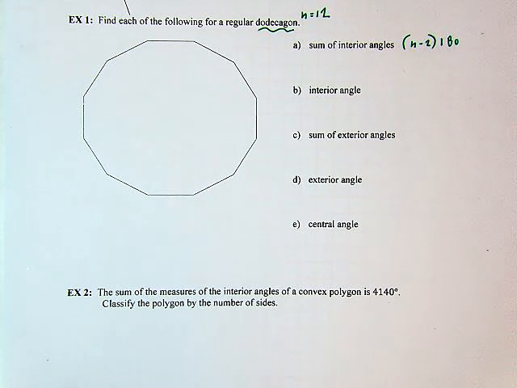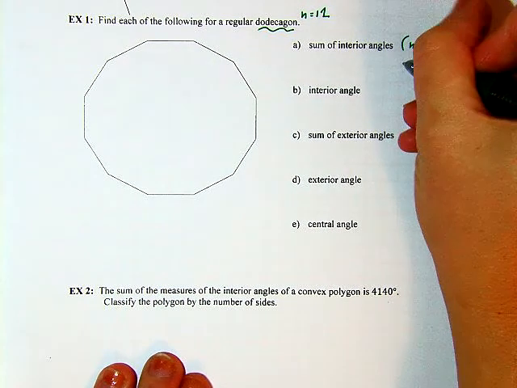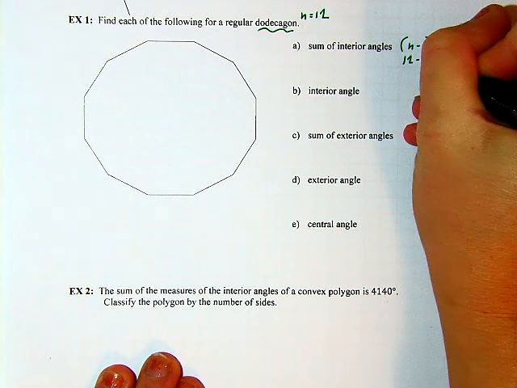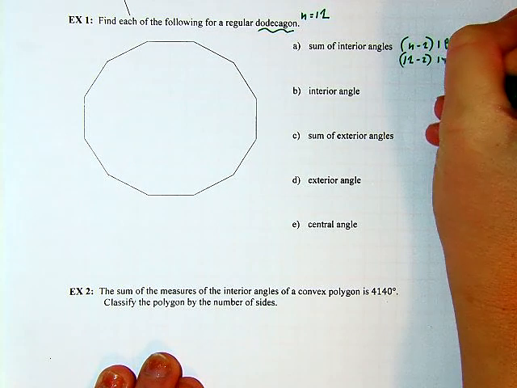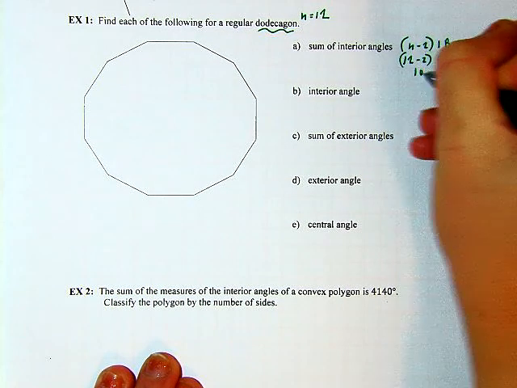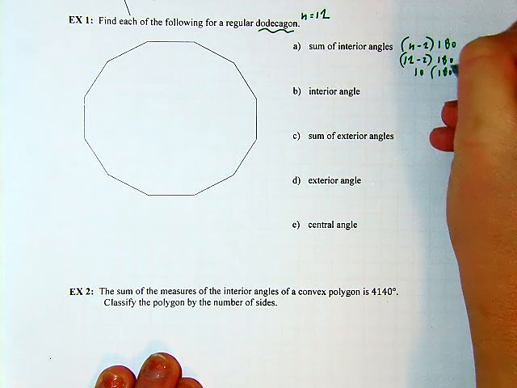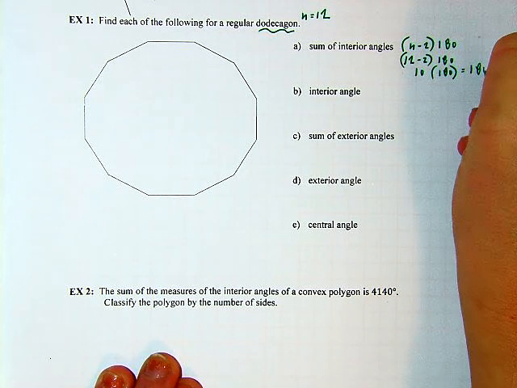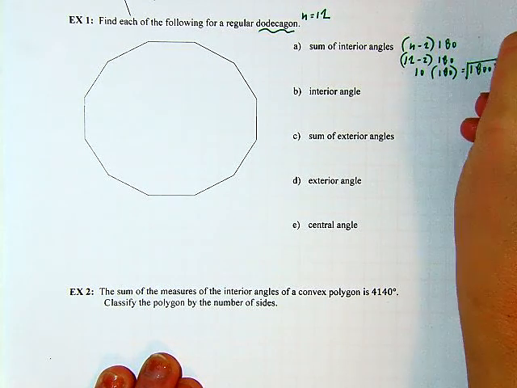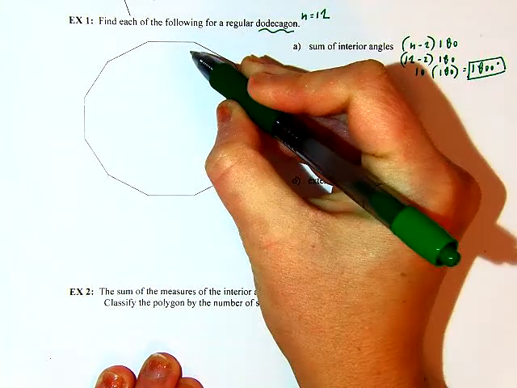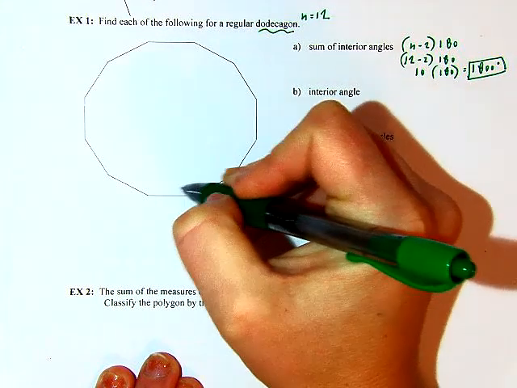So I'm going to plug in 12 for n. 12 minus 2 times 180, or 10 times 180, gets me 1,800. That would be the sum of all of these interior angles.